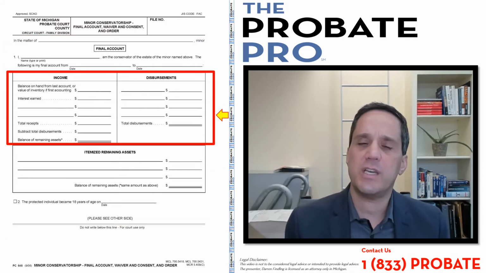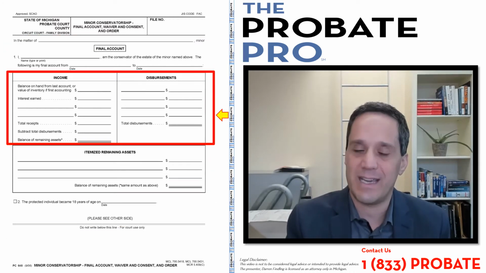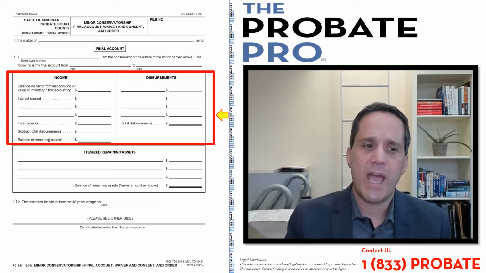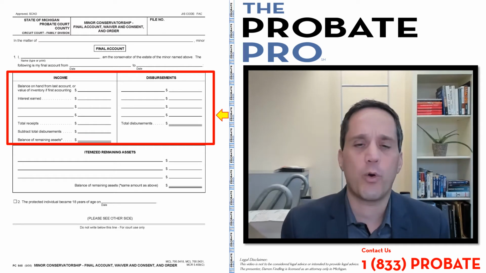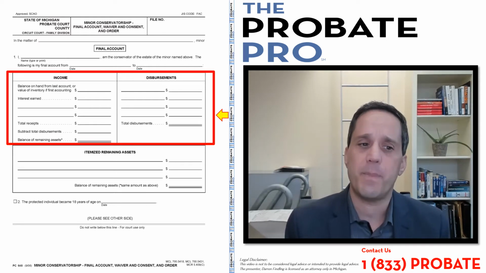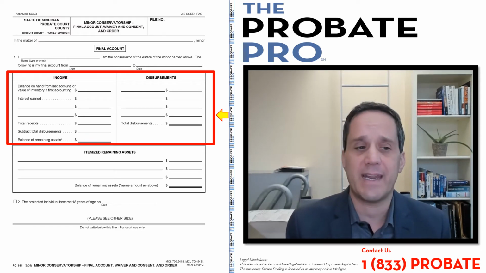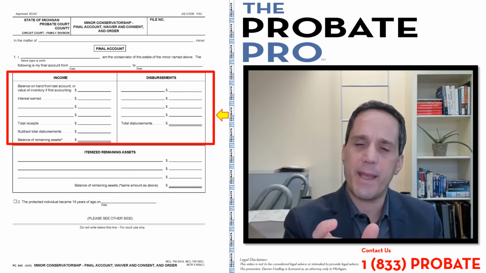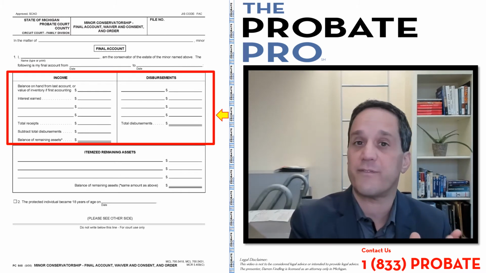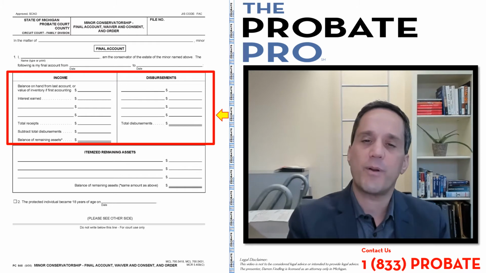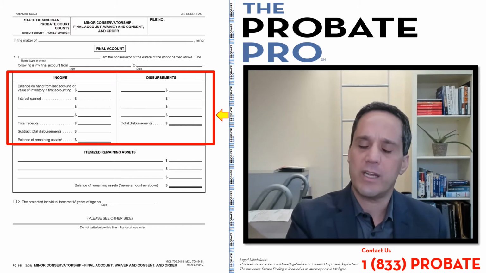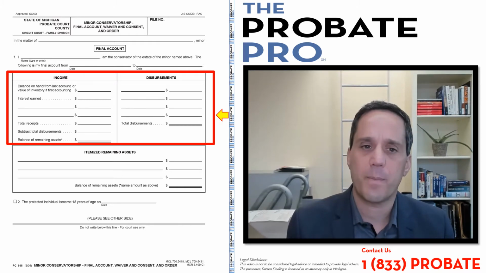The next section is a description of assets that have come into the estate, what we call income. Any income that's come in, interest, other forms of income that have come into the estate. The first section where it says balance on hand is either carrying the balance from the inventory, if this is the first account, or from last year's account. So you're going to tie those numbers together. On the right-hand side, it speaks of disbursements.